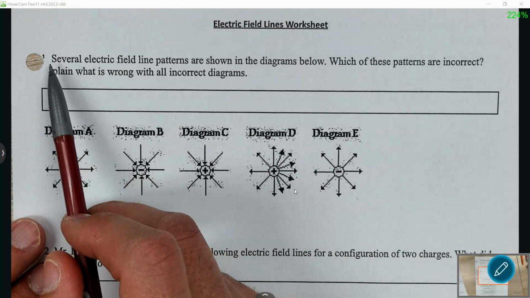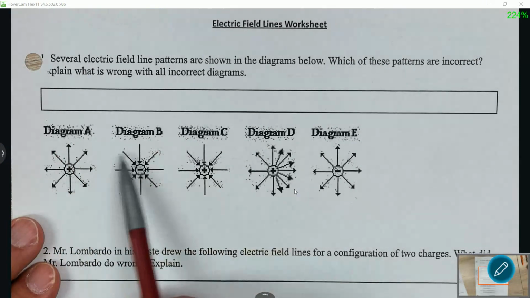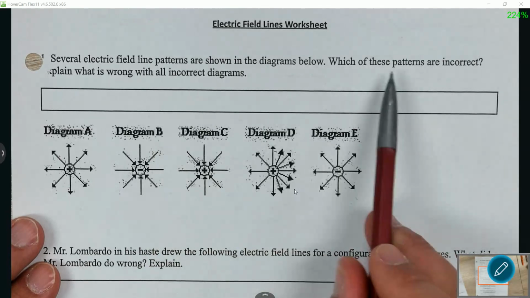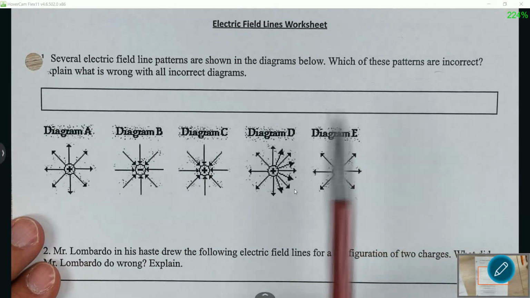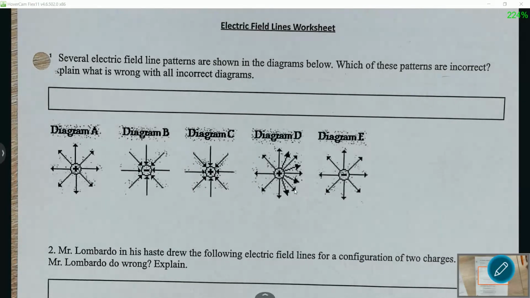So on this, several electric field line patterns are shown in these diagrams. Out of these, which patterns are incorrect? So we said the field lines come out of the positive charge, go into negative charge.